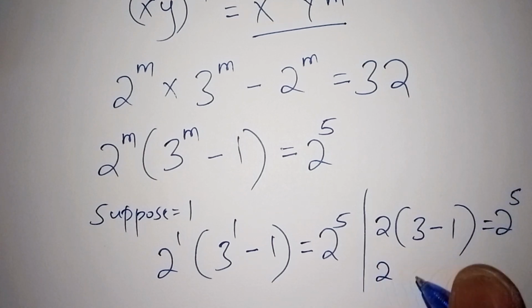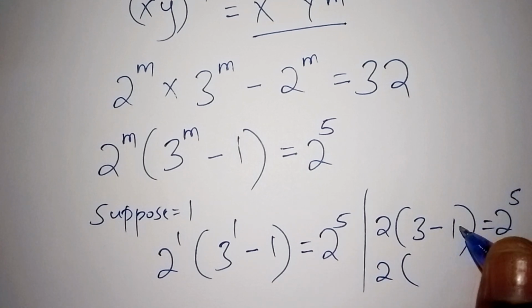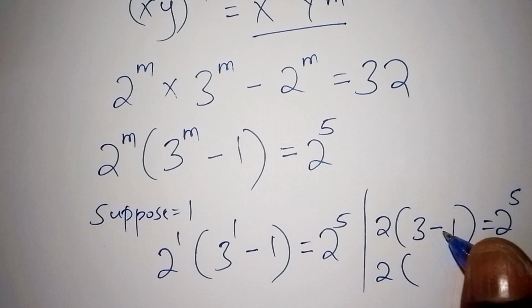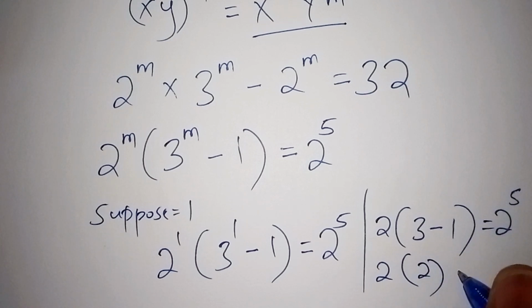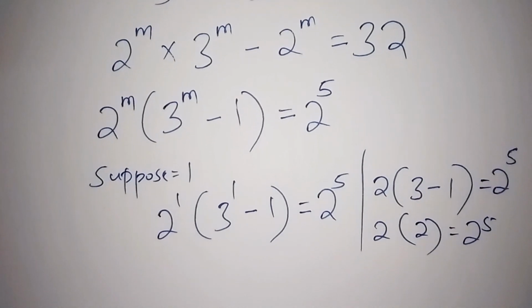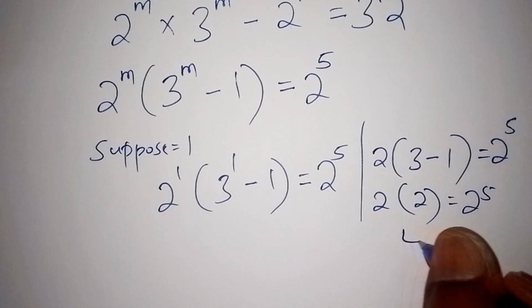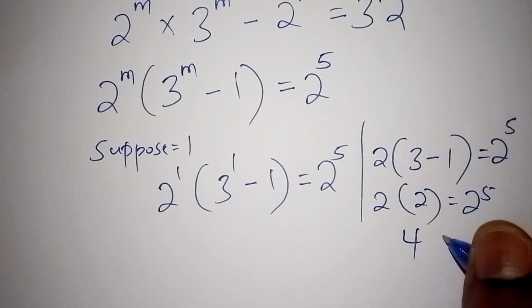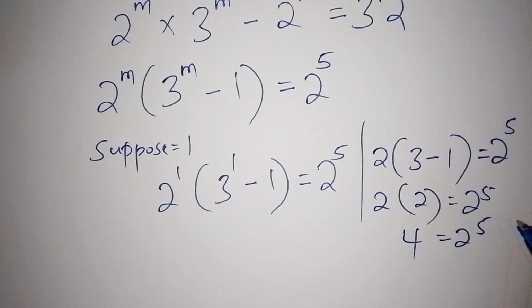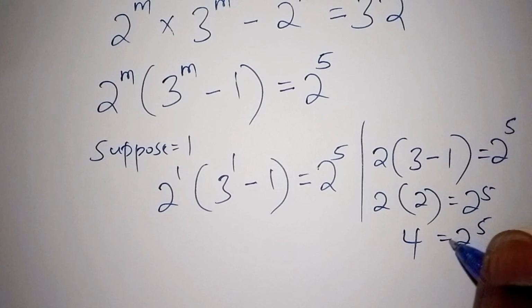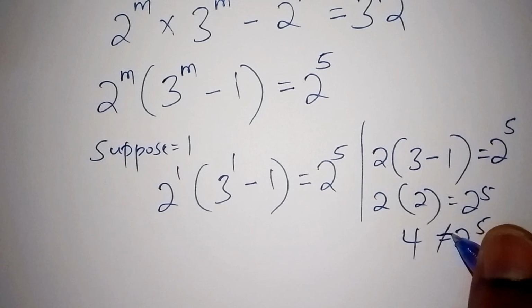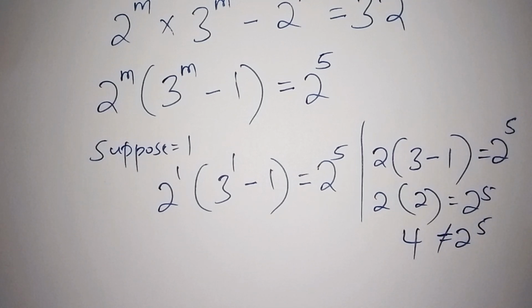So 2 to the power of 1 is 2, then in brackets 3 to the power of 1 is 3, minus 1 is 2. So 2 multiplied by 2, the result is 4, is equal to 2 to the power of 5? 4 is not equal to 2 to the power of 5.